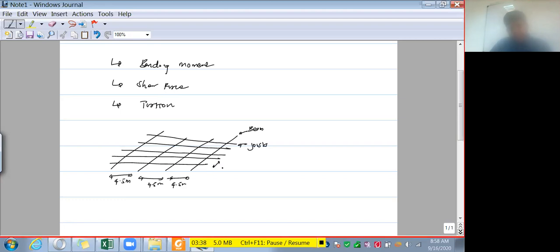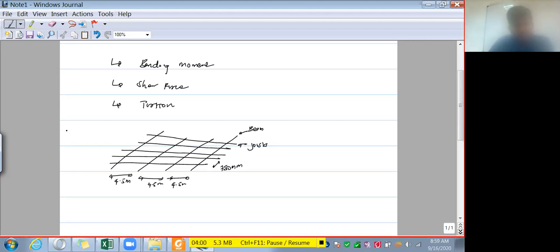Here the center to center is 750 millimeter. Then you have a floor which carries a load of 7.1 kilopascal.